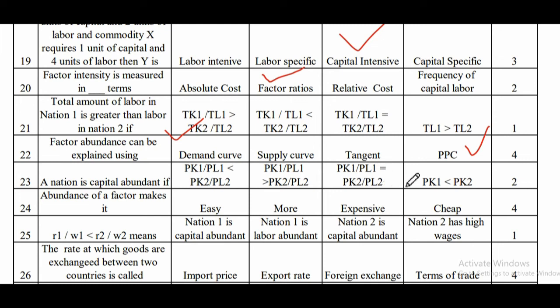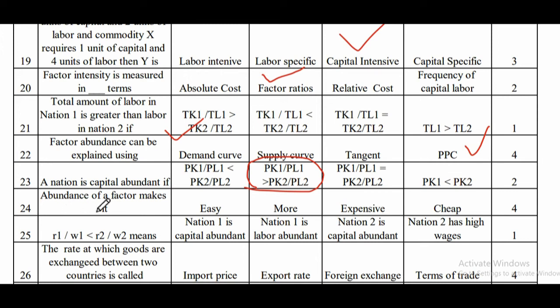The third option is PK1 divided by PL1 is equal to PK2 divided by PL2. And the last option is PK1 is lower as compared to PK2. So a nation is capital abundant only in the second situation, that is PK1 divided by PL1 is greater as compared to PK2 divided by PL2.